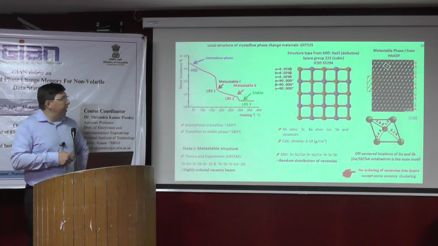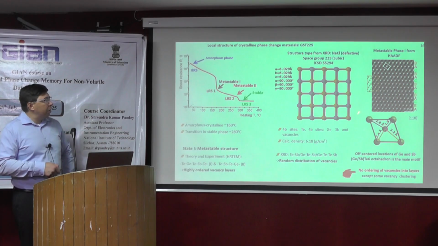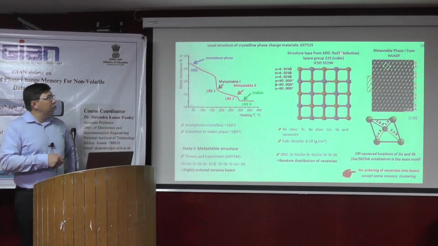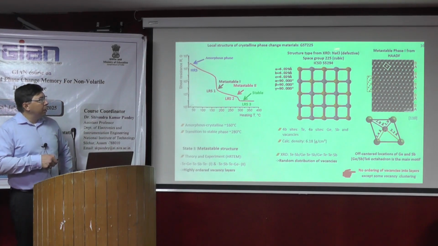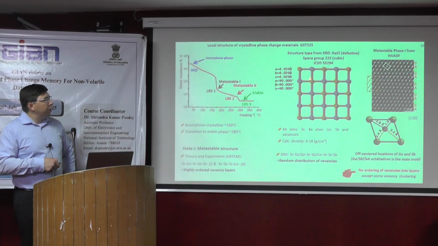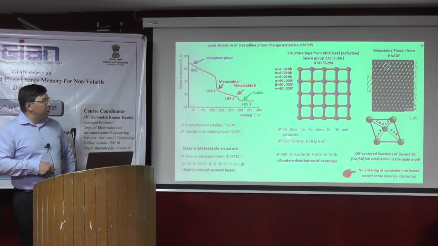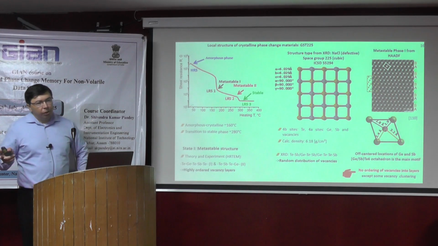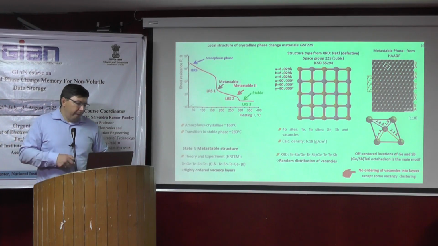They derived the average structure of these materials, and it belongs to the cubic NaCl type of structure. So here we have an ordered tellurium sublattice and a disordered germanium antimony sublattice, the so-called cation sublattice. And on this cation sublattice we have around 20% of vacancies.